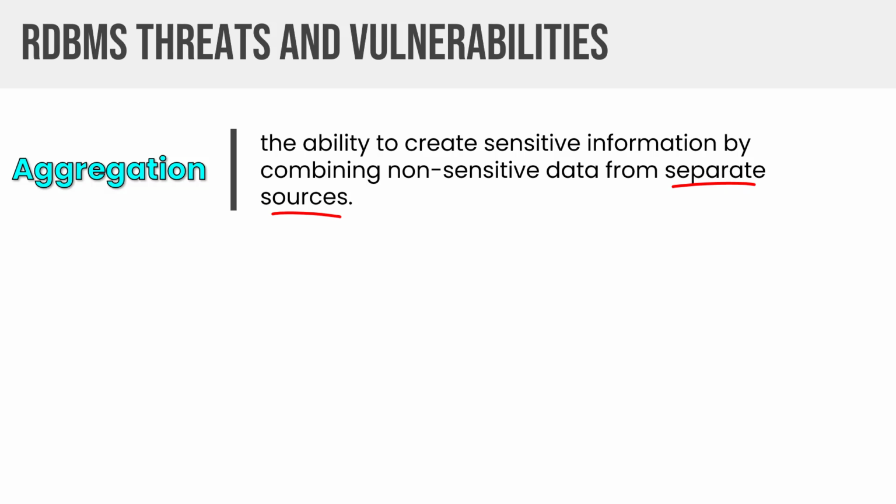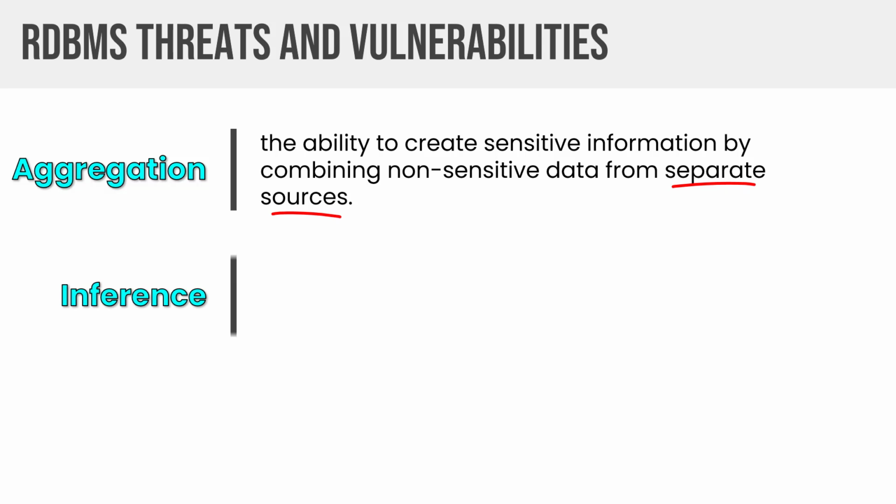For example, maybe I add up a bunch of individual sales records to then create the total quarterly sales. Maybe quarterly sales is a number that's not released to the public, but as an employee, maybe I can go look at those individual records and add up those transactions to come up with that then sensitive data. Maybe I need to go to multiple databases to get that, multiple sources, but ultimately I can bring that together.